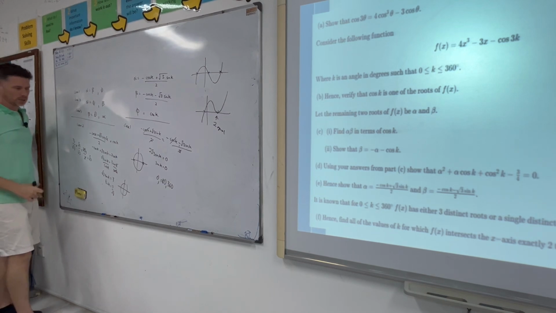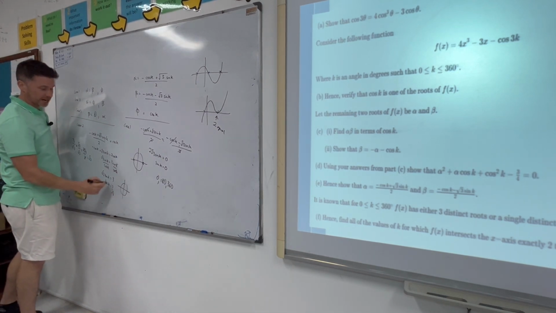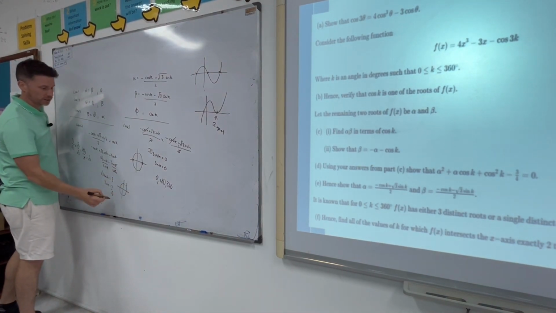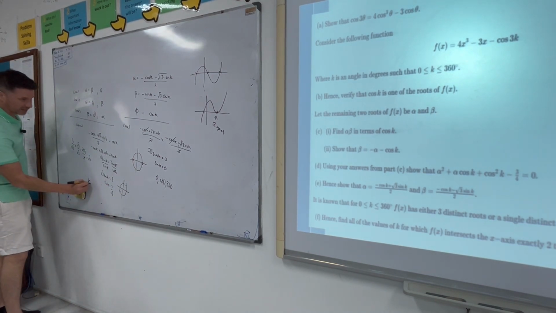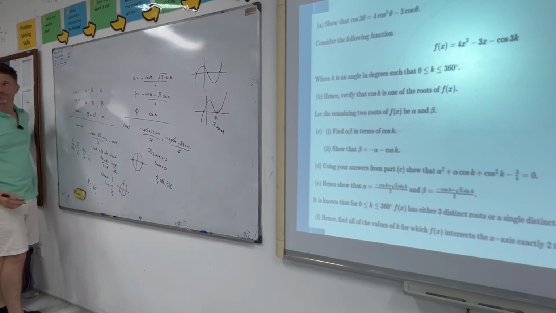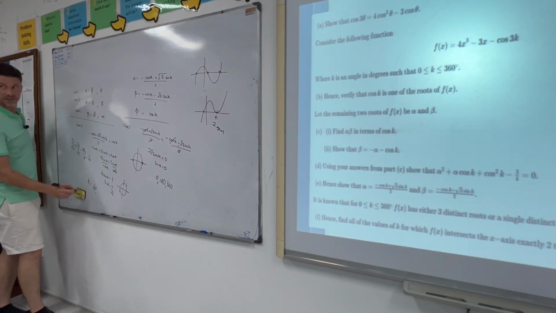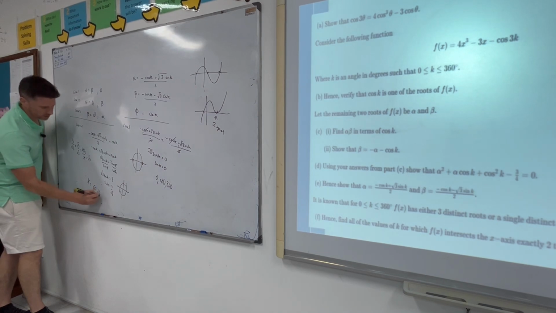Okay. So which two quadrants is tan positive? Top right and bottom left. So this answer k is 60 degrees. And what's this one? 180 plus, yeah, 240. Very good.